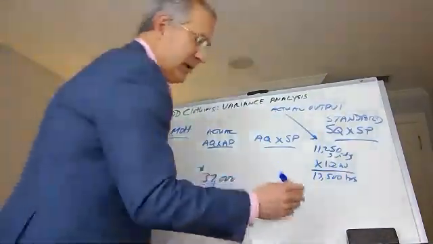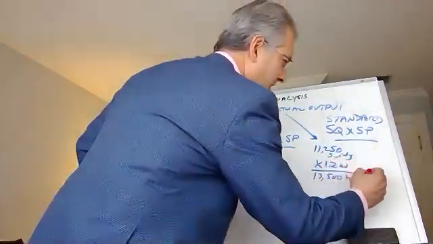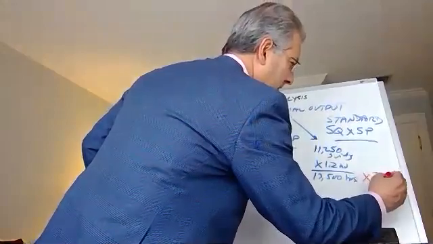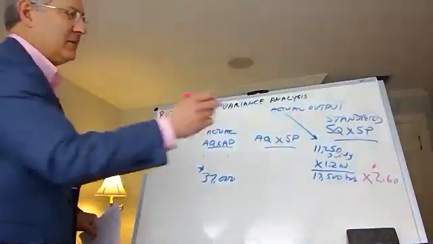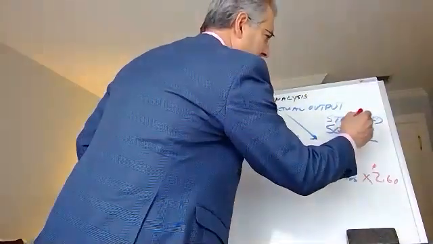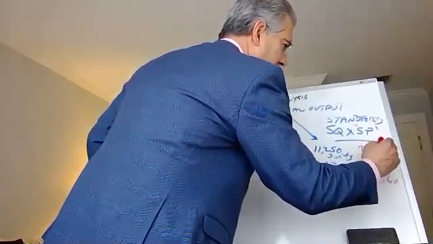The standard price, which is the predetermined overhead rate for variable overhead, is $2.60, right? Standard price is also what? My predetermined overhead rate.